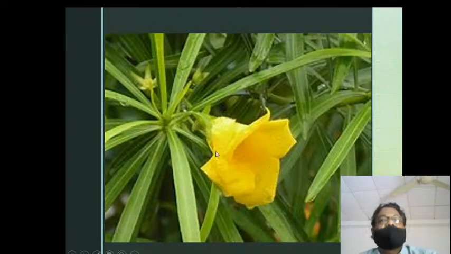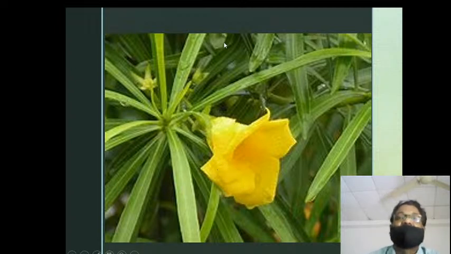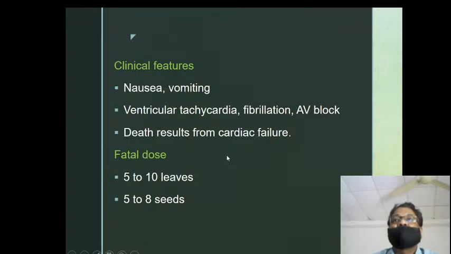It has yellow colored flowers and is used as a garden plant because of the designer flowers. It is a very attractive plant. It produces clinical features like nausea, vomiting. It can cause ventricular tachycardia, fibrillation, and even AV block, resulting in cardiac failure and death. Fatal dose is around 5 to 10 leaves, or 5 to 8 seeds.